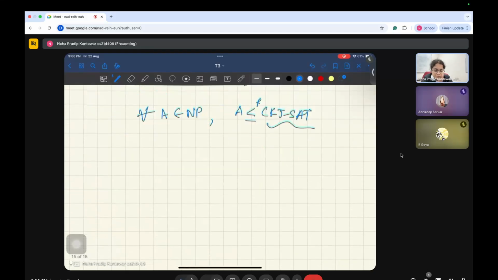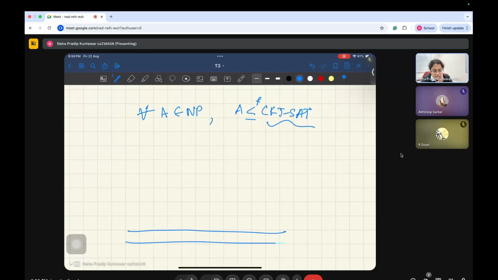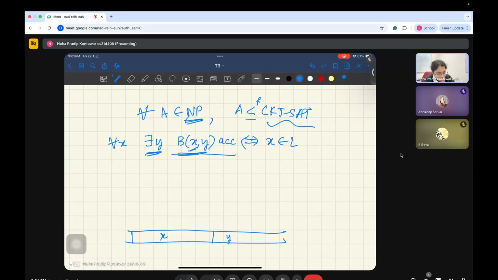The main idea was that because it's an NP machine, there exists a y polynomial in length for all x such that B of xy accepts whenever x is in the language. So this is the verifier based definition, that there is a small witness which will make our deterministic Turing machine accept. You have this input x and the witness y on your input tape, and we want to build this B.